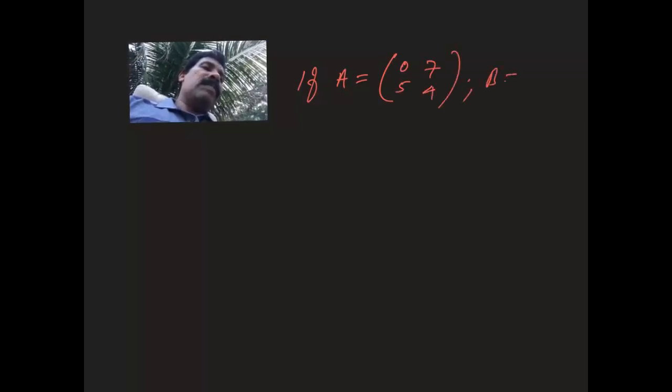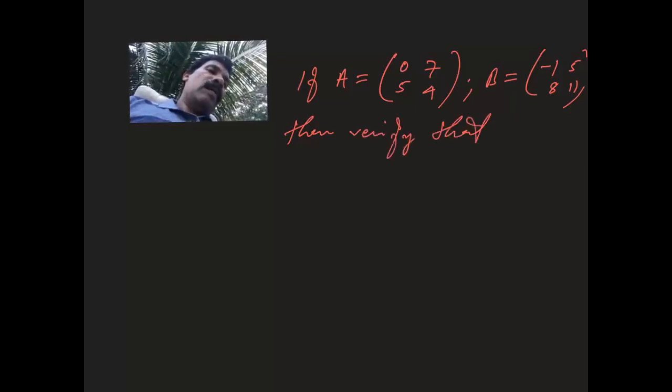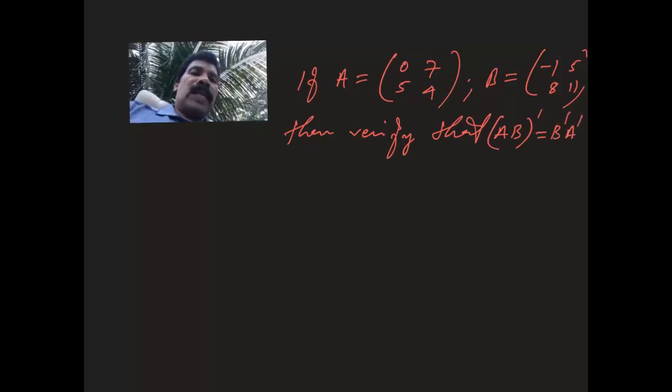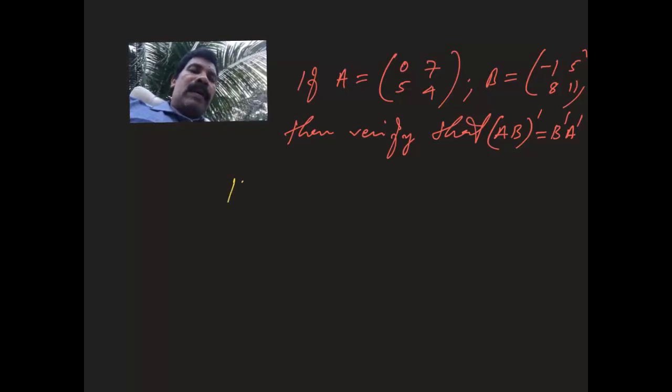A homework for you. If capital A is equal to 0, 7, 5, 4 and capital B is equal to negative 1, 5, 8, 11, then verify that (AB) whole transpose is equal to B transpose A transpose. I will give you the hint or the procedure.